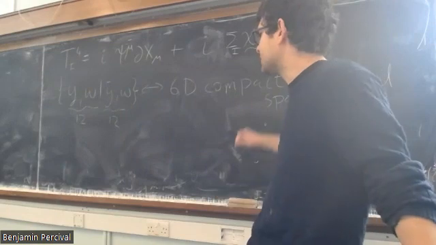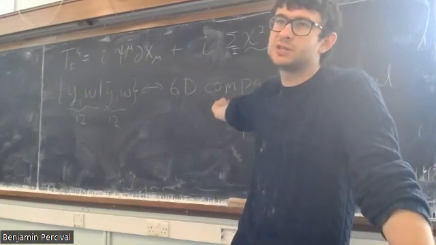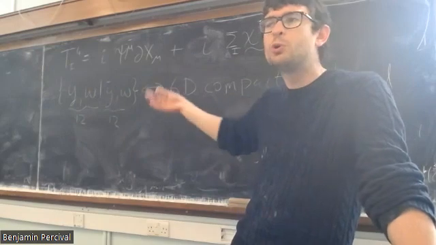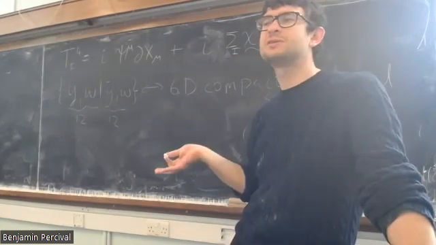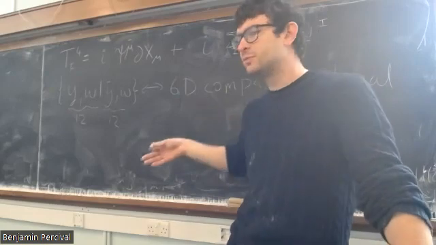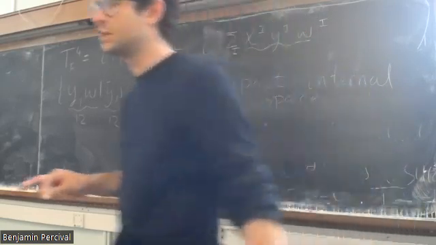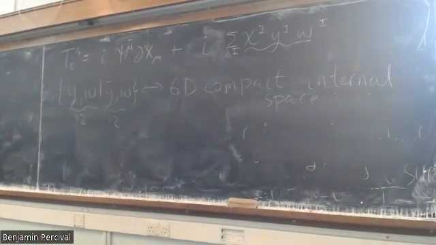If it's a 6-dimensional internal space, you'd imagine that it would be defined by 6 normal coordinates, like 6 bosonic coordinates. So to make the connection more obvious, you'd have to bosonize the theory.